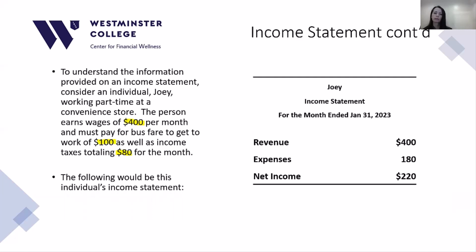He's earned $400, so that's the value of the activities he's participated in, and that generated wealth. The expenses he also had to participate in: he had to pay the bus fare and his taxes. But those are wealth-using activities. So our revenues minus our expenses give us our net income of $220. So he's $220 better off at the end of the month for having participated in those activities.